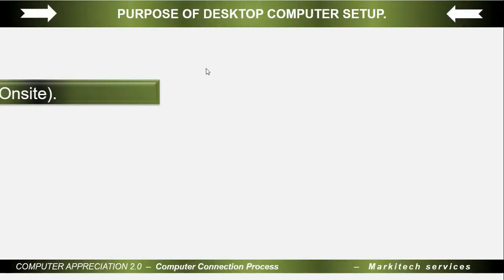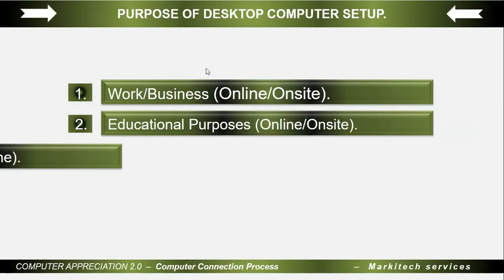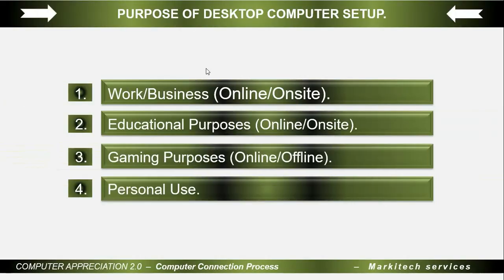First, you're having it for work or business, either online or on site. The way I'm doing right now, I'm doing a work for somebody far away or outside the country. That kind of work is called online work. That is the purpose. I need to set up my desktop computer because I want to do a work for somebody and get paid.